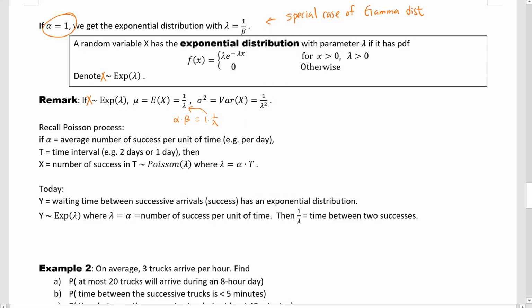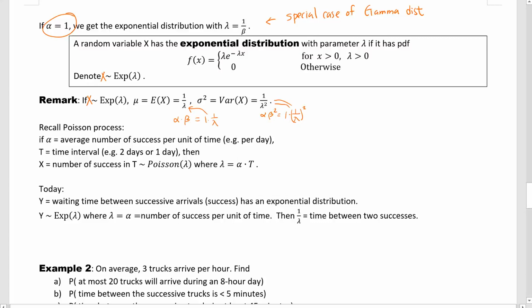And the variance is alpha times beta squared. Alpha is 1 and beta is 1 over lambda, so the variance is 1 over lambda squared.